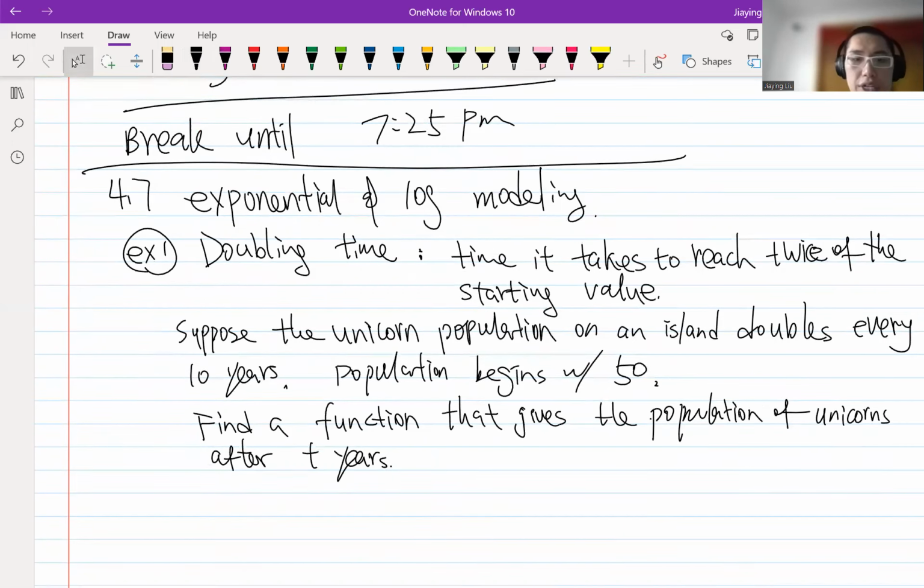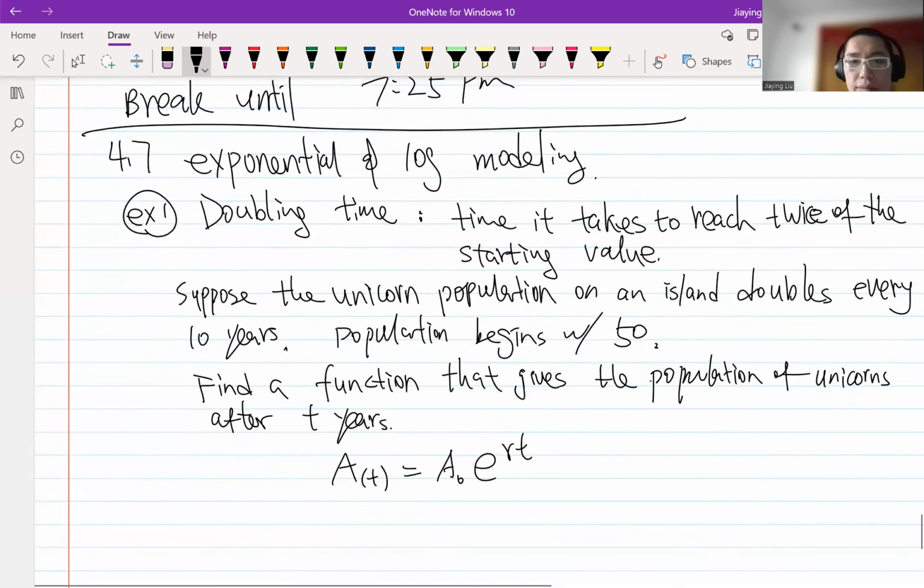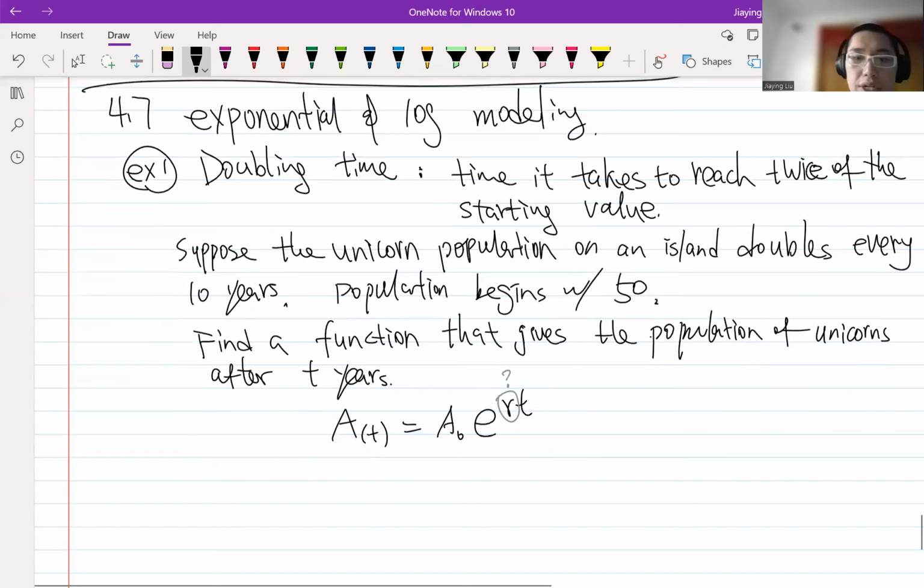So we need a function, and assuming continuous growth, the function is A of t, the population, equals A naught, the initial population, times e to the rt. So we need to know the growth rate. We know the doubling time is 10 years, but we don't know the continuous growth rate. We need to find it, using the information that the doubling time is 10 years.